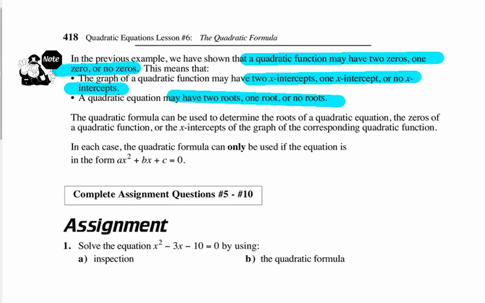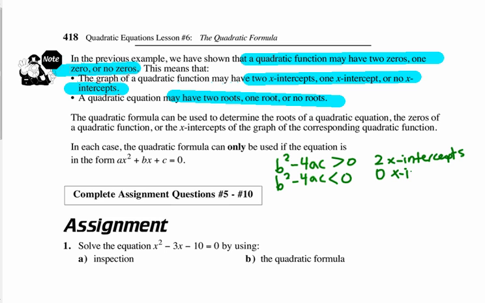So the quadratic formula can help you figure out how many zeros you have. In fact, if you just figure out b squared minus 4ac, if it's positive, then there are 2 zeros. So if that's greater than 0, then there are 2 x-intercepts. If b squared minus 4ac is less than 0, or negative, 0 x-intercepts.